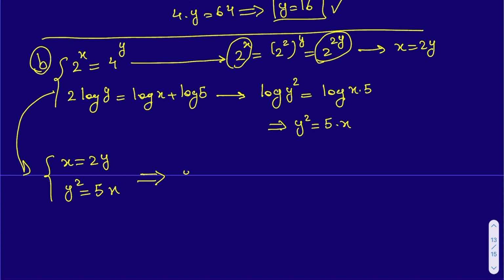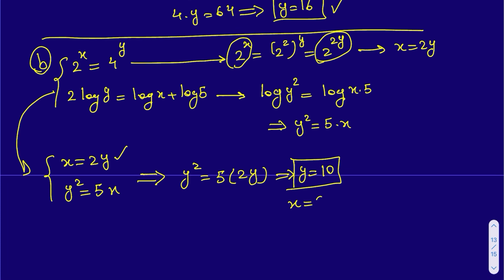So it will be y to the power of 2 is equal to 5 times 2y instead of x. Therefore y will be equal to 10. Okay, and if we substitute y by 10 in one of the equations, from equation number 1, x will be equal to 20.